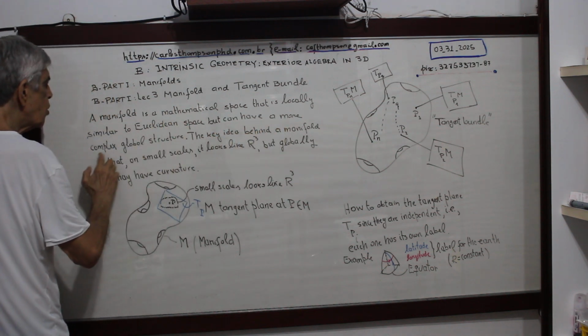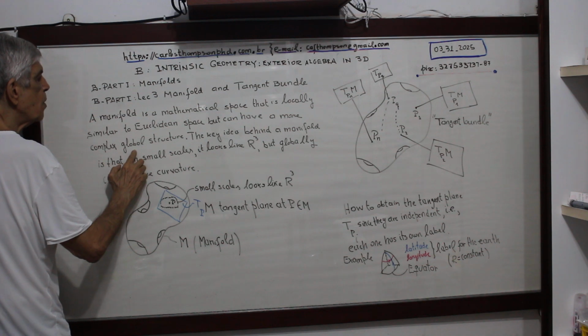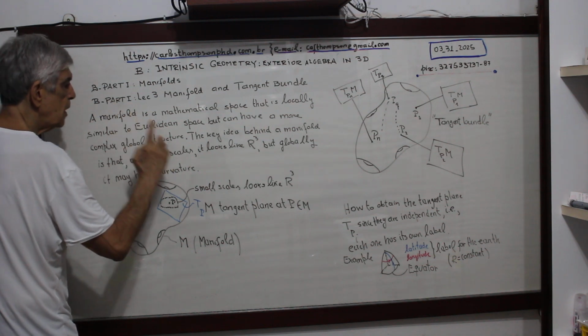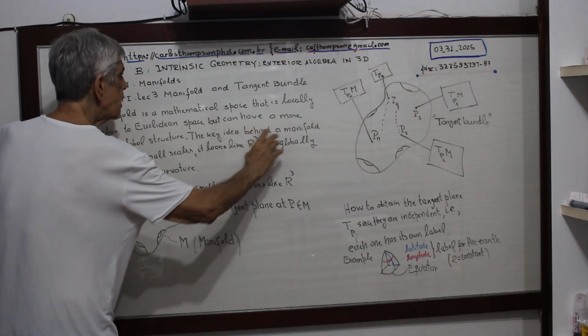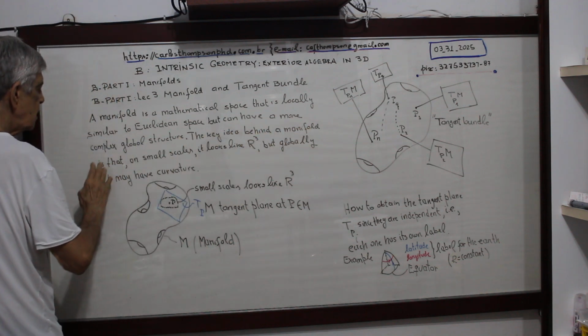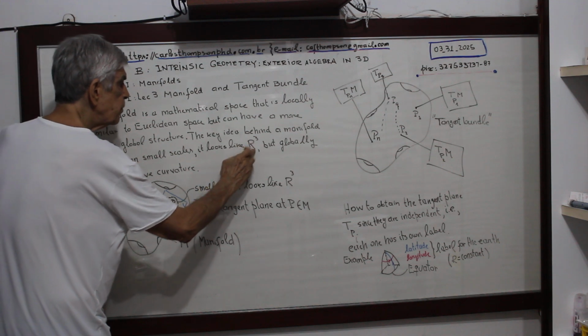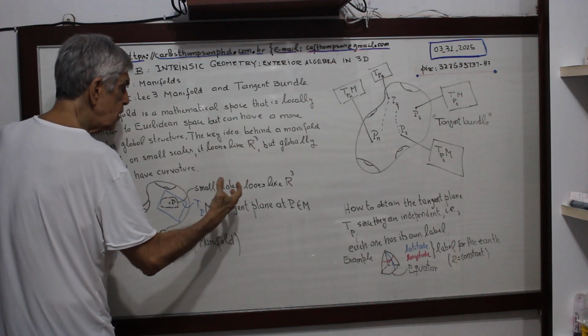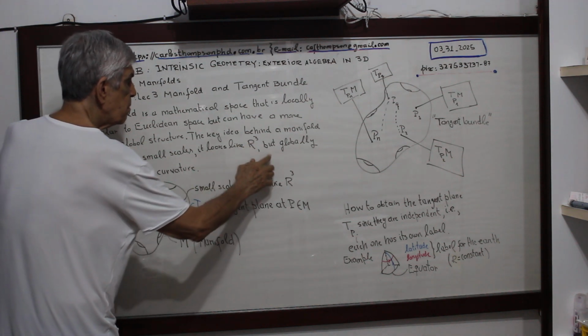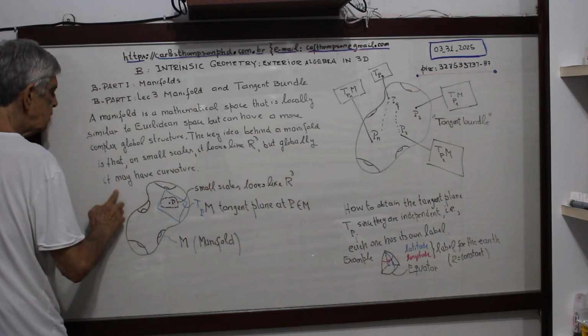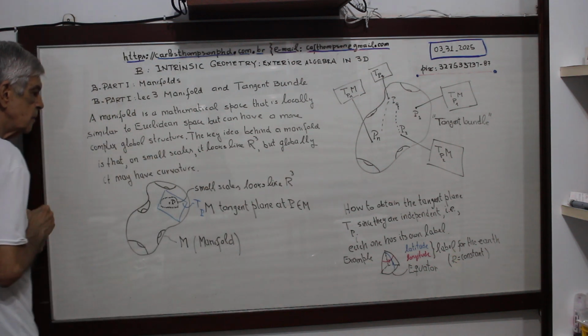have a more complex global structure. The key idea behind a manifold is that on a small scale it looks like R3 in the Euclidean space, but globally it may have curvature.